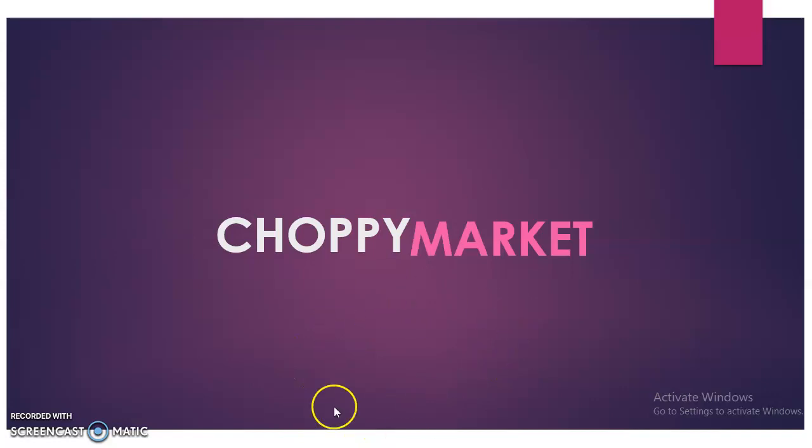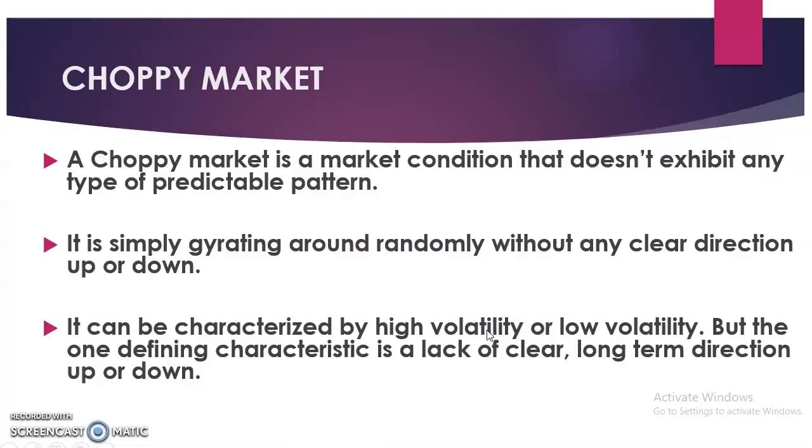So let's quickly move on and define what it is. A choppy market is a market condition that doesn't exhibit any type of predictable pattern. In a choppy market, you can't really say that this is the direction. A choppy market is more or less a directionless market. There is no direction.